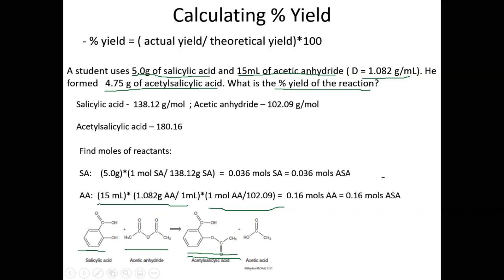So now we can find the moles of acetylsalicylic acid. And in this example, salicylic acid is the limiting reagent. So from that, we can get the theoretical yield. In this case, theoretical yield is 6.48 grams. That's the theoretical yield.